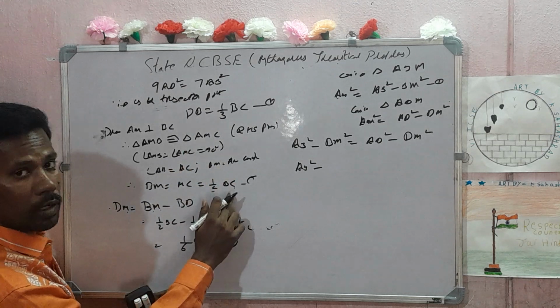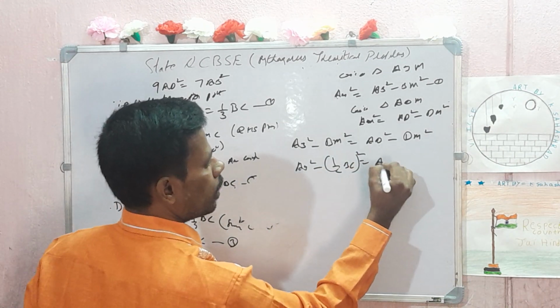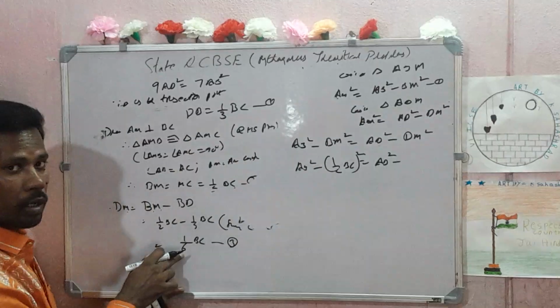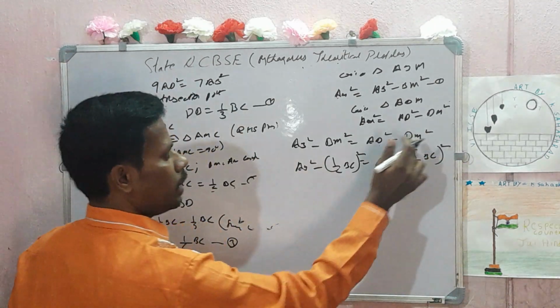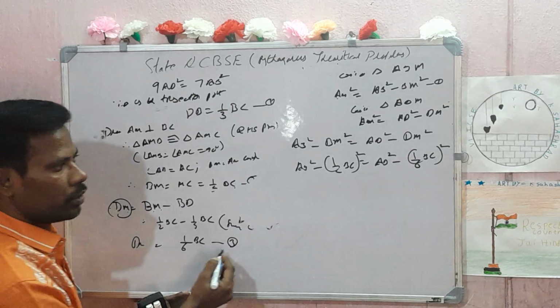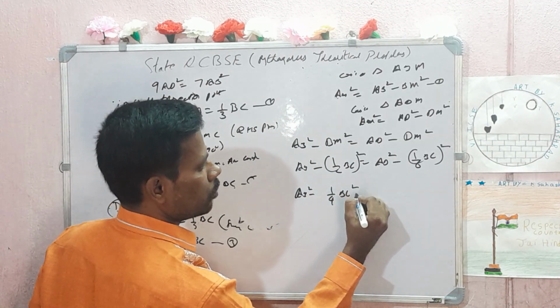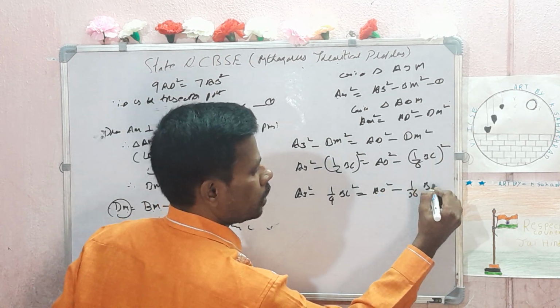BM is nothing but 1/2 of BC. AD square written as it is, minus the DM length, which is 1/6 of BC. So AB square minus 1/4 BC square is equal to AD square minus 1/36 BC square.